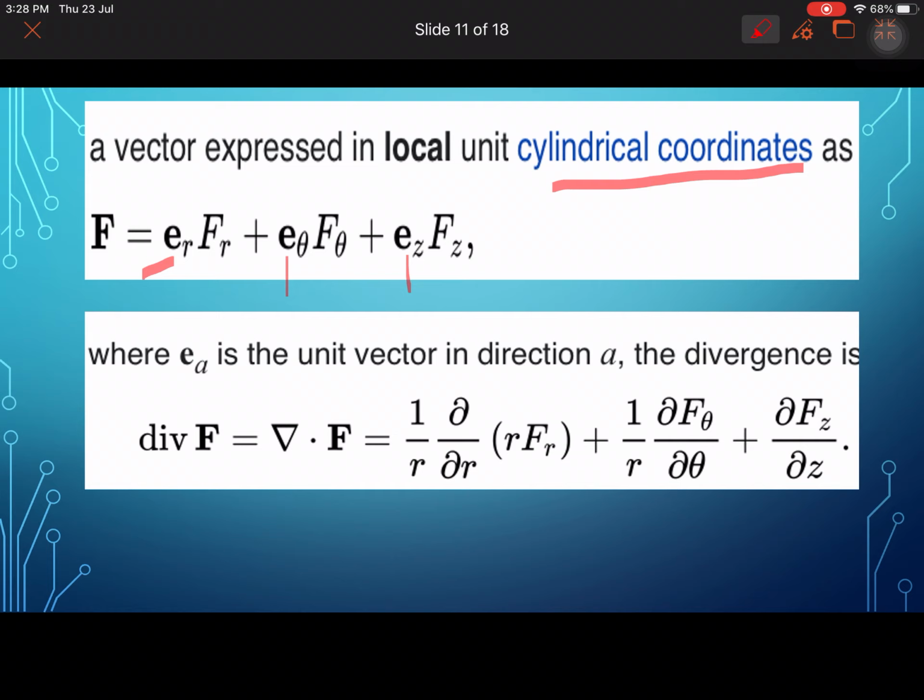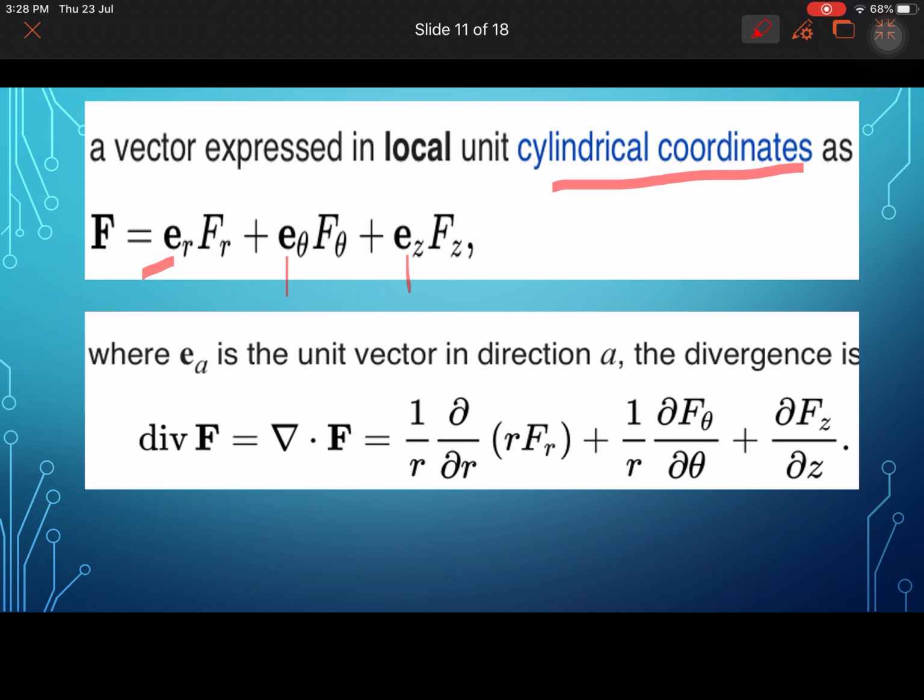Whereas fr is the component of f bar along er, or otherwise along r, and f theta is the component of f bar along the theta direction. Fz is like that also. So where Ea is a unit vector in the direction a.